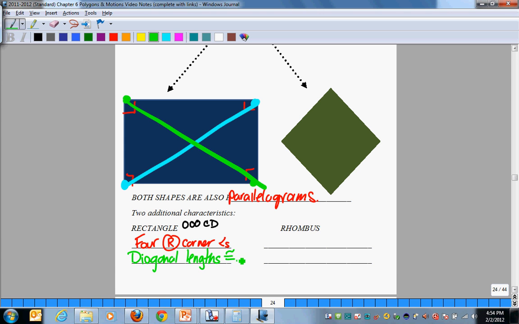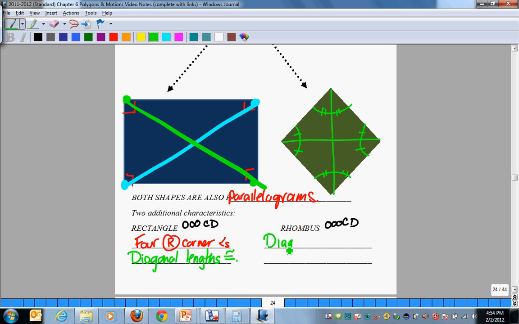And in a rhombus, the 2 additional qualities, besides the OCD parallelogram qualities: the first additional quality is that the diagonals cut these corners, they bisect the corners in half. That does not happen in a parallelogram nor a rectangle.